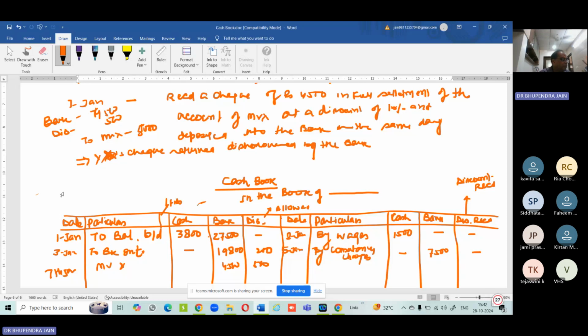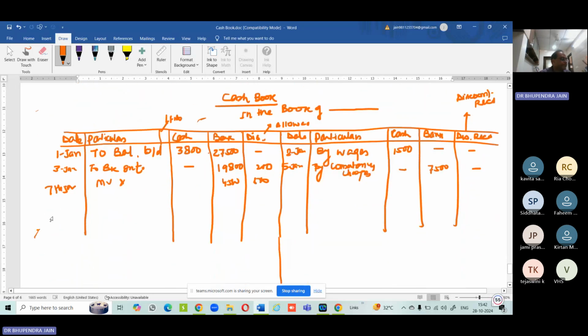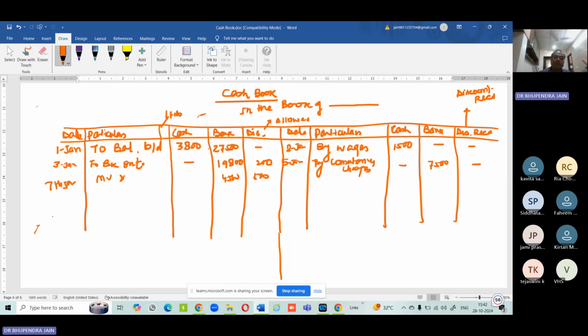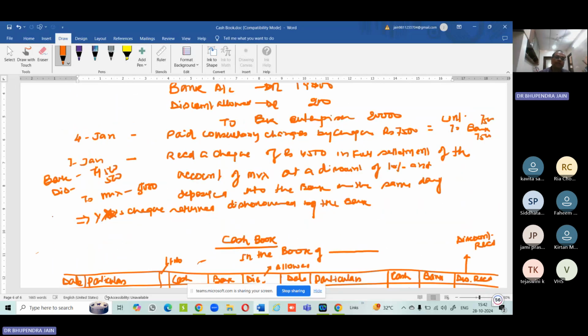We received the check worth rupees 4,500 from X. Whenever we receive a check, we record the entry on the debit side in the triple column cash book, in the bank column 4,500, and in the discount column 500. Now the date of this example is 10th.